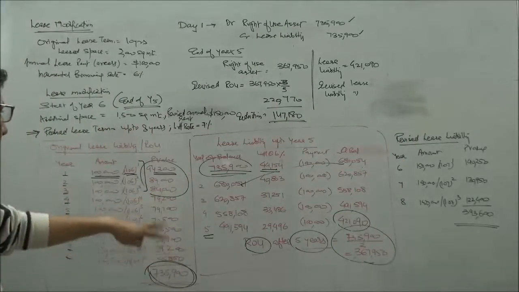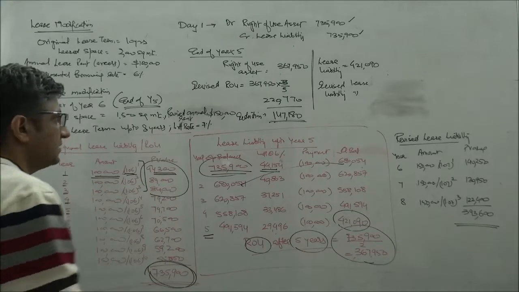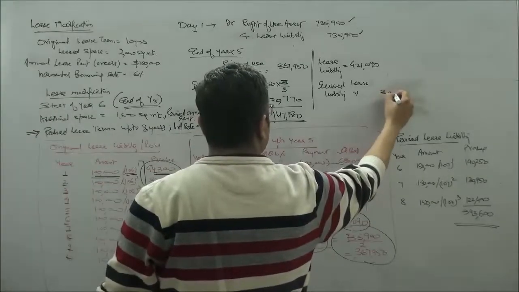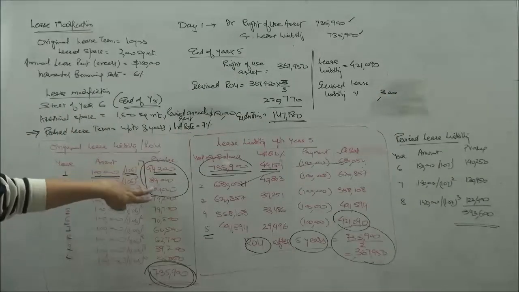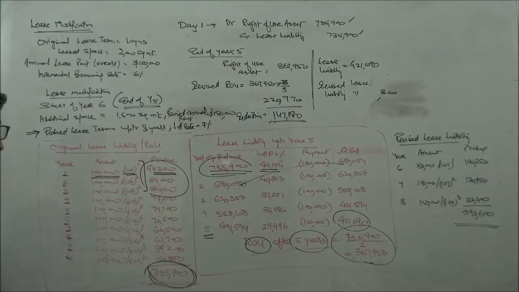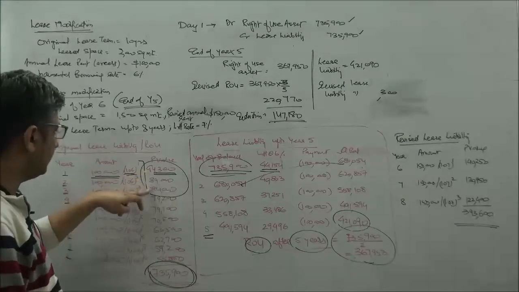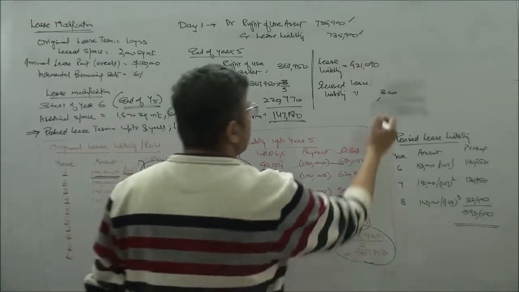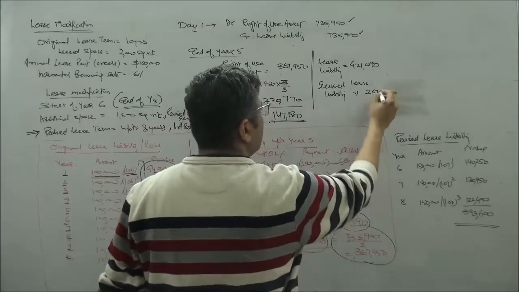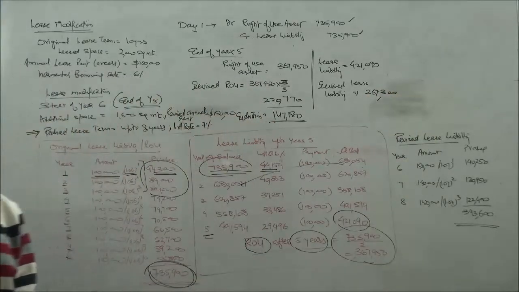My revised lease liability comes to the sum total of all these numbers, which is 267,300, right?